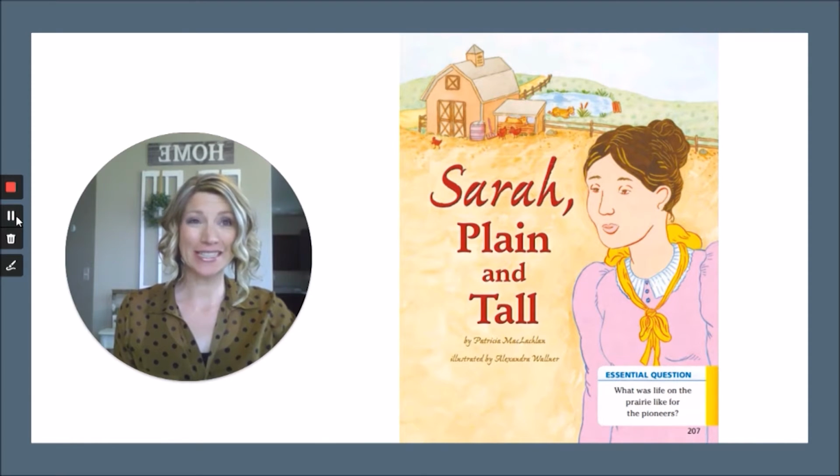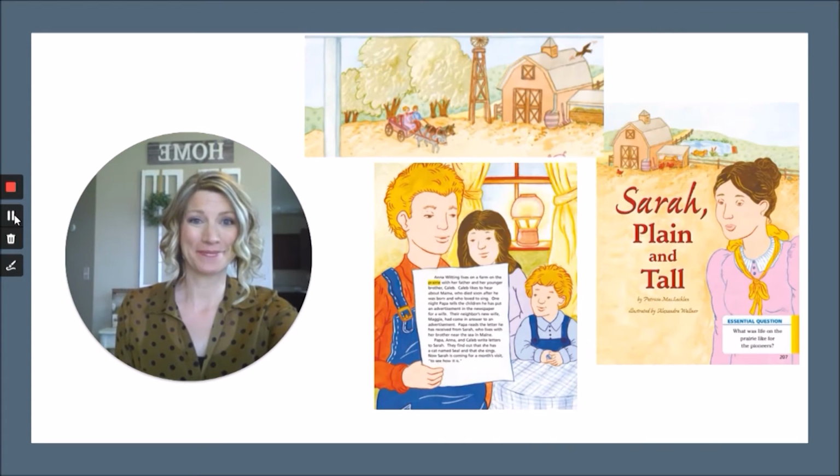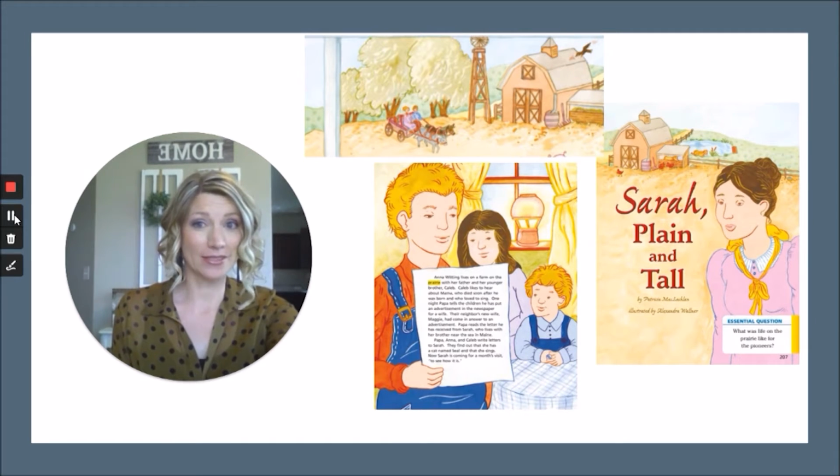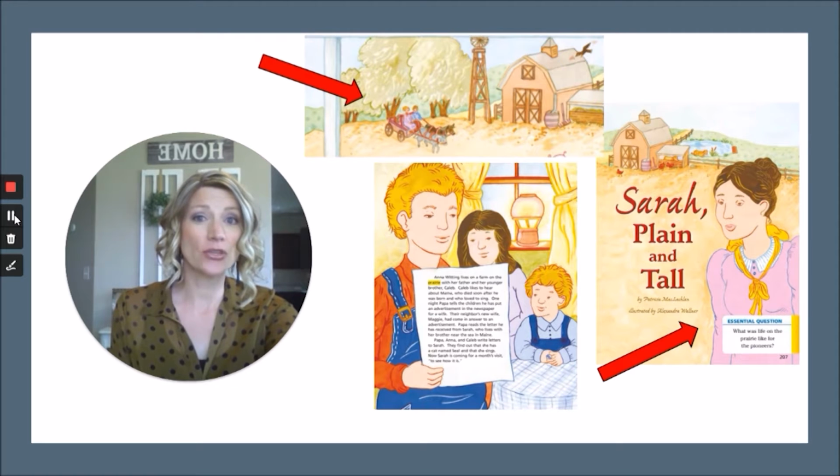Today we are reading Sarah, Plain and Tall by Patricia MacLachlan, illustrated by Alexandra Wallner. It is a historical fiction. From the illustrations, I can see that the story takes place on a farm in the past. I know the time is in the past because of the characters' clothes, the horses and wagon, and the lantern used for light.